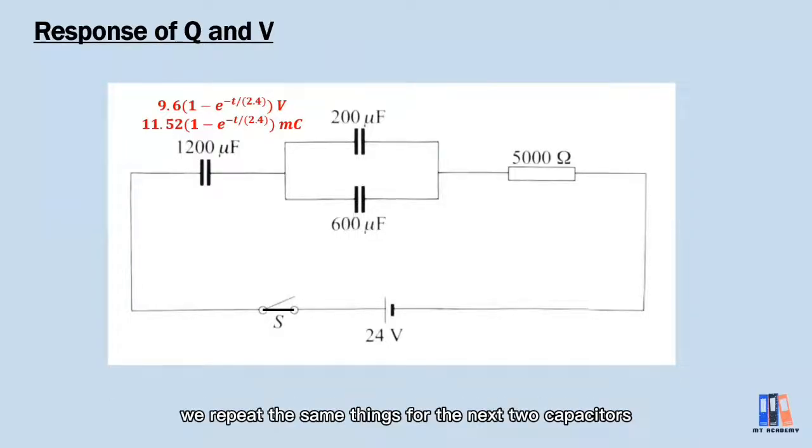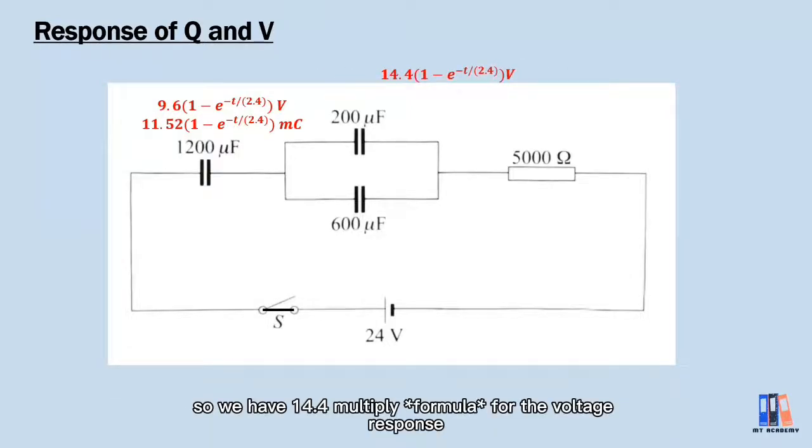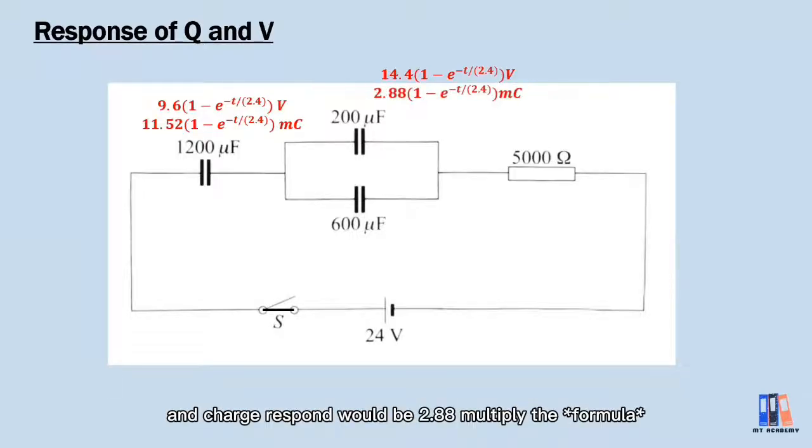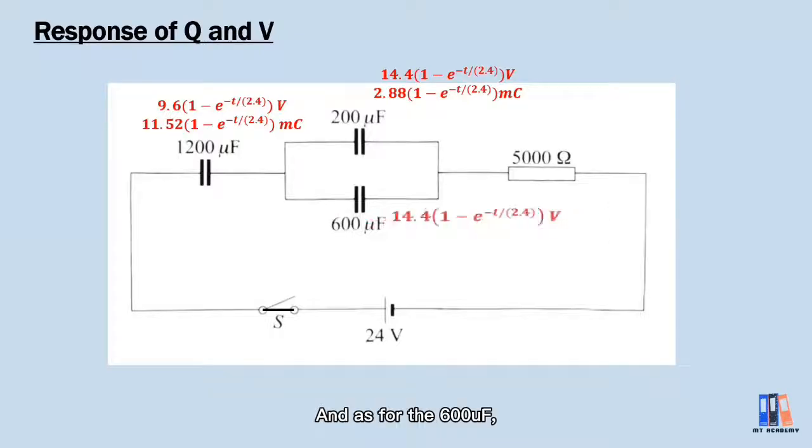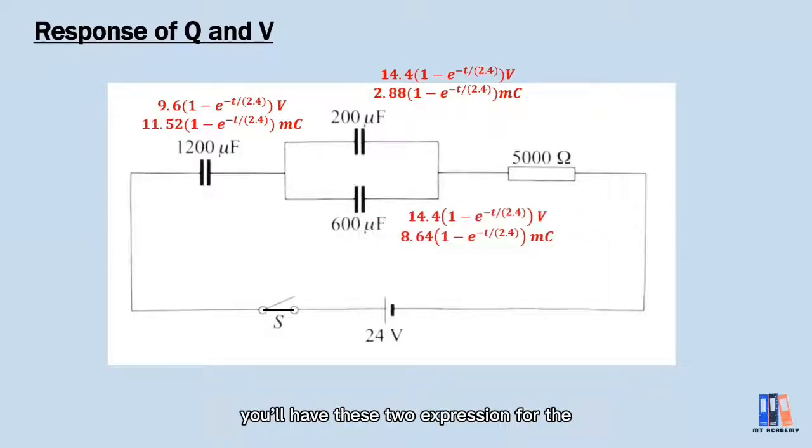Then we repeat the same thing for the next two capacitors. We have 14.4 multiply the formula for the voltage response of the 200 microfarad, and the charge response would be 2.88 multiply 1 minus e to the power of negative t over 2.4 millicoulombs. And for the 600 microfarad, you have these two equations for the voltage and charge response respectively.